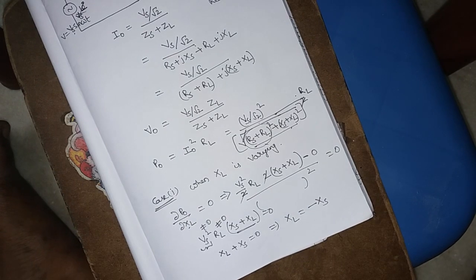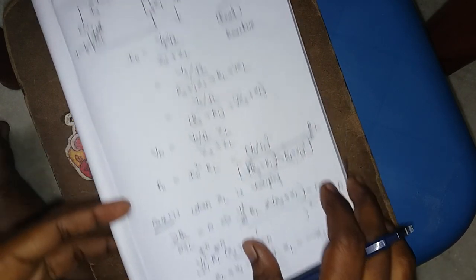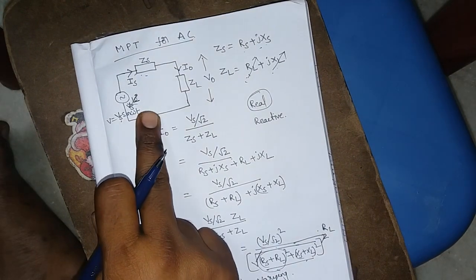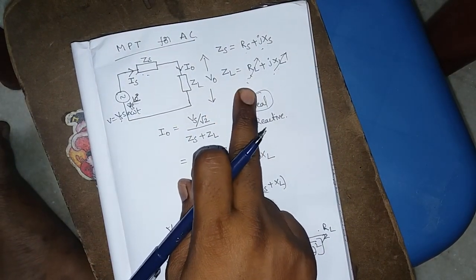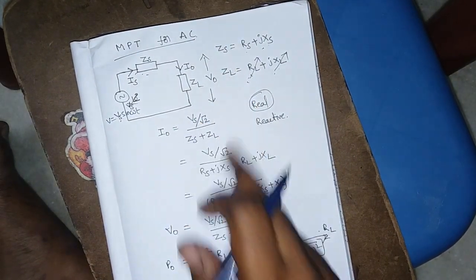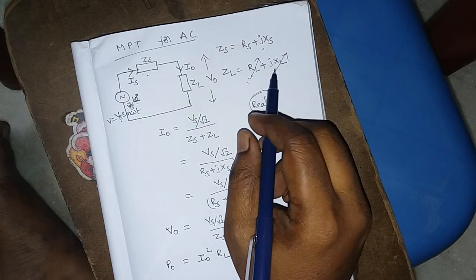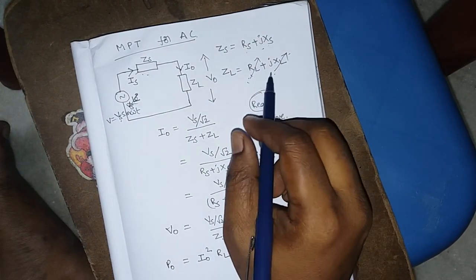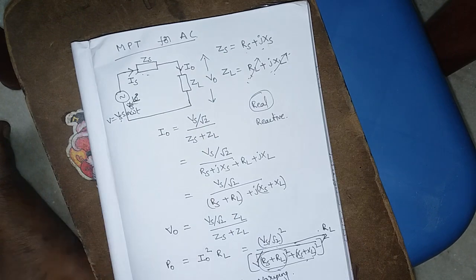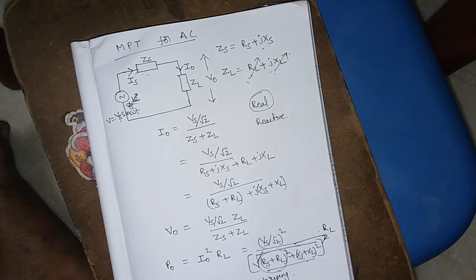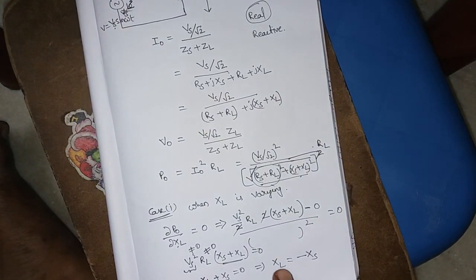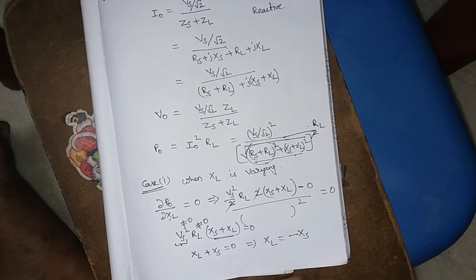So this is the network, this is the load impedance and here it is the source impedance. If I want to change only the load reactance to get the maximum power, then the condition is XL is equal to minus XS.